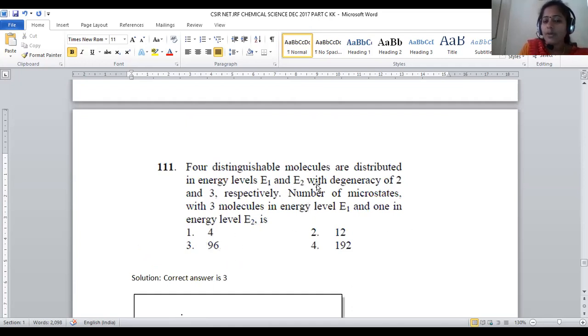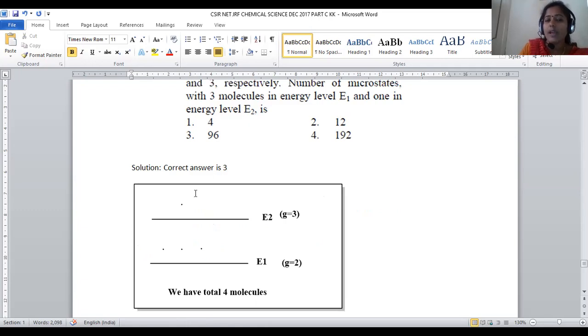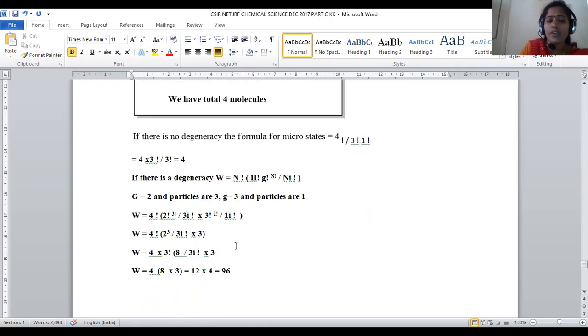If degeneracy is not there, option number 1 will be the answer. But within the problem, they mentioned degeneracy of the energy levels, so this will not be applicable. We have to go with another formula. If there is degeneracy, microstates are given by N factorial times g to the power n, divided by n factorial. N is the total number of molecules participating, which is 4.